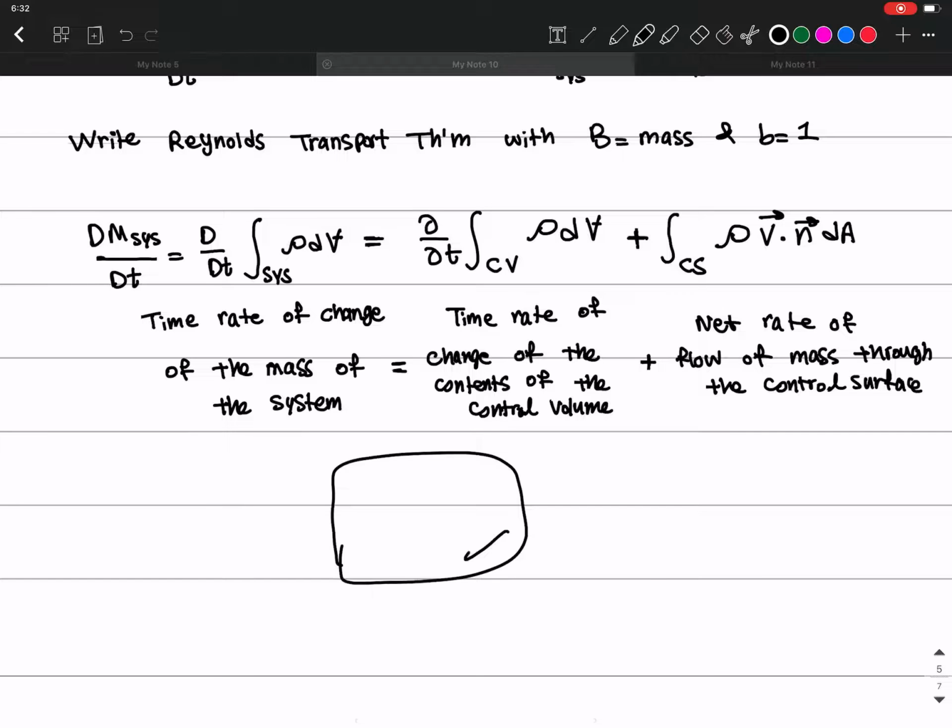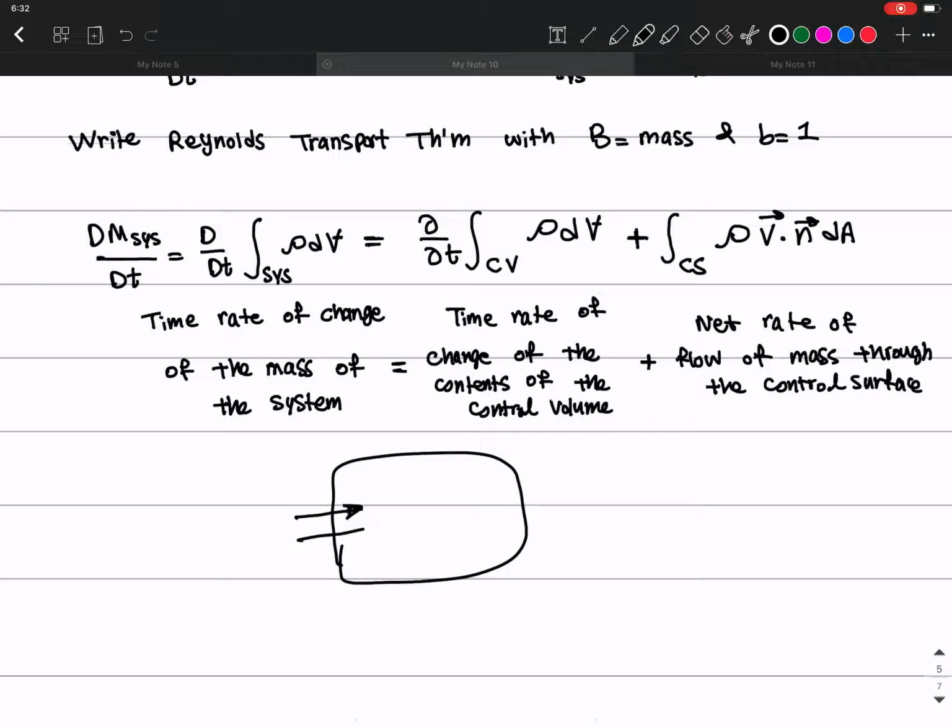the contents of this CV, whatever is inside, whether it's added or subtracted or reduced from this system, plus the net rate of the flow of mass.